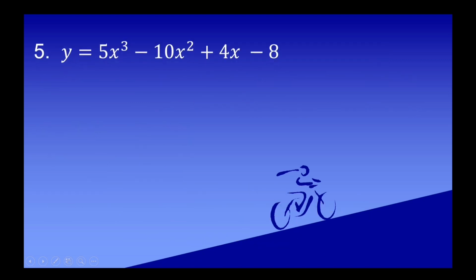Okay, for number 5, y is equal to 5x cubed minus 10x raised to 2 plus 4x minus 8. This is a cubic function with 4 terms. So to factor this given function, let's take the first two terms, 5x cubed minus 10x squared, and the last two terms, 4x minus 8.